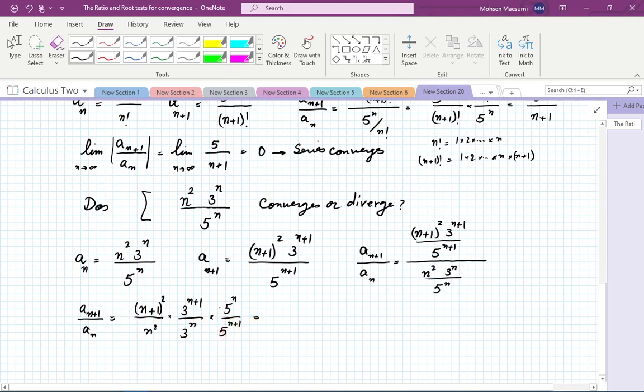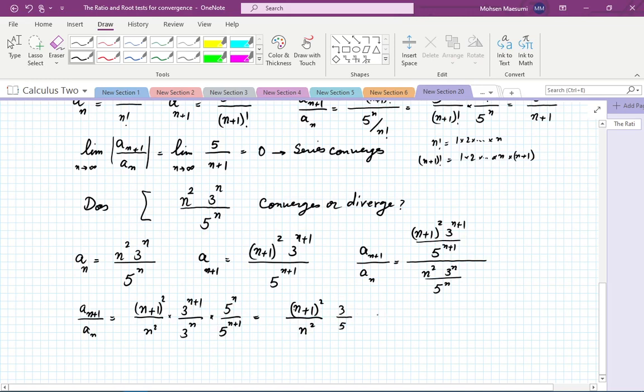So make sure you don't make a mistake as to where everybody goes. Okay, these powers are easy to simplify. This simply becomes 3, this simply becomes 5. So now I have n plus 1 squared over n squared, and here I have 3 and here I have a 5.